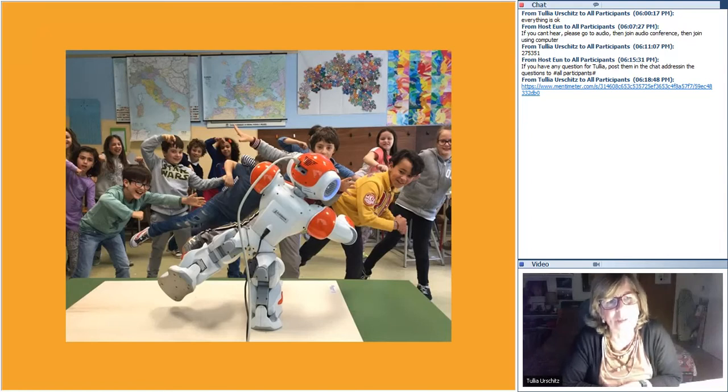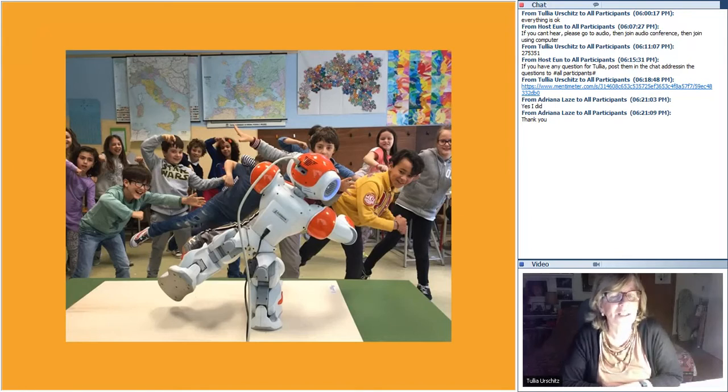I was explaining to them about the barycenter, and of course you can do it also with other kinds of robots, but Nao is very powerful because it has a lot of degrees of freedom, so it can reproduce the physics of the human body, and it is really incredible how little children are attracted by all kinds of robots.